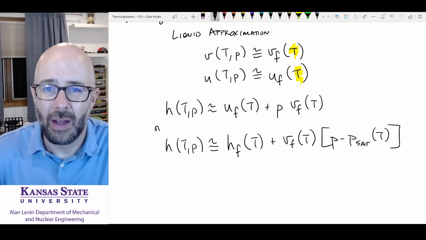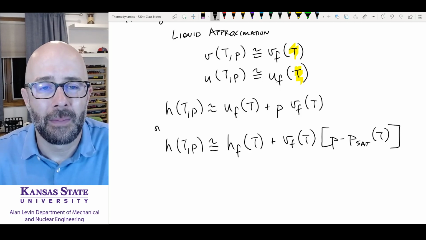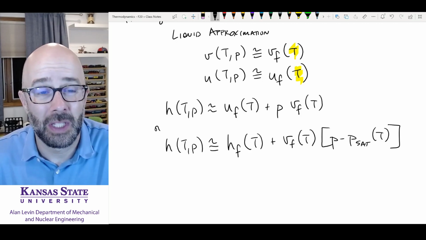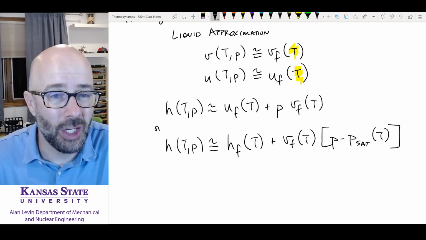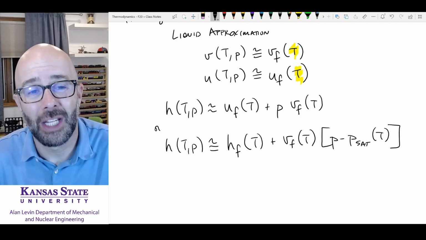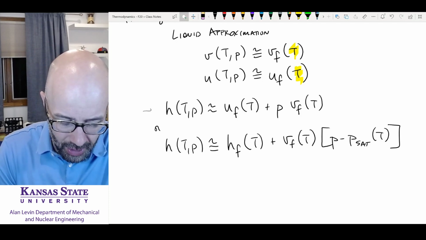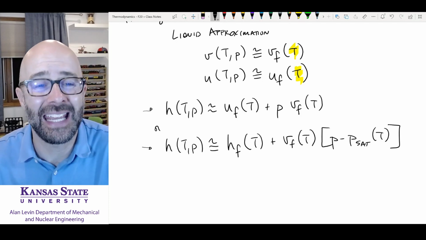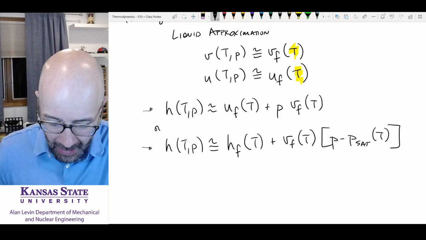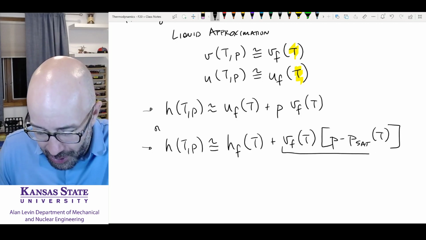Just like specific volume is approximately equal to the specific volume of the saturated liquid, and internal energy is approximately equal to the internal energy of the saturated liquid, we wanted to rewrite this equation so the enthalpy is approximately equal to the enthalpy of the saturated liquid. But now we have to add this term over here.